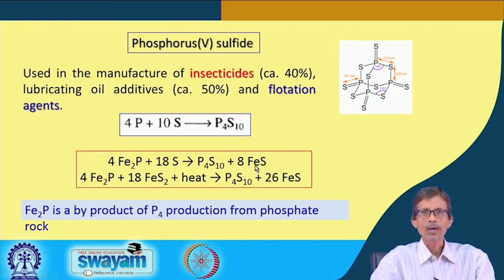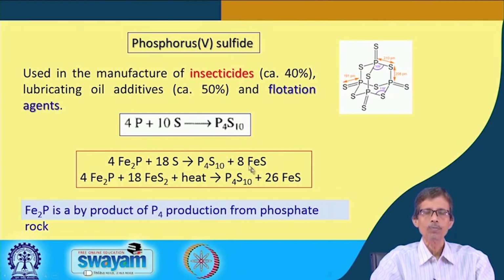If we consider the price of FeS, the ferrous sulfide cost, and if we can purify this ferrous sulfide and use it easily, then we can subtract its price from the cost required for the production of P4S10.